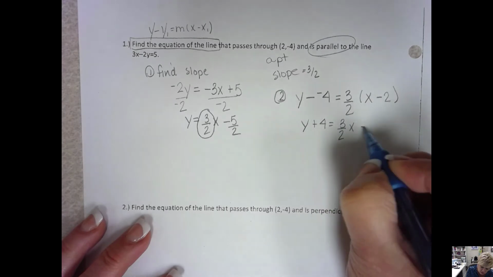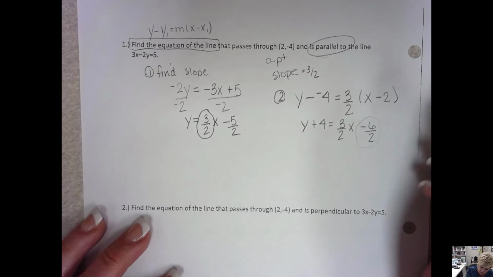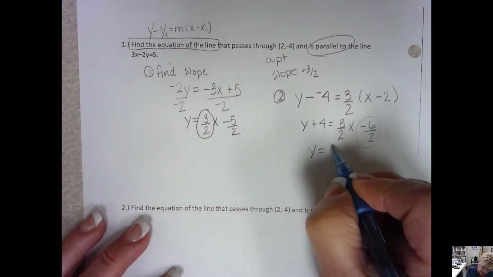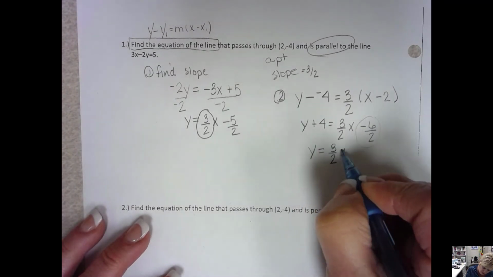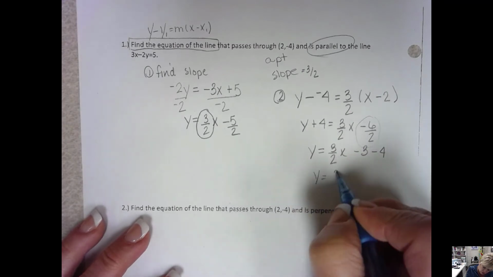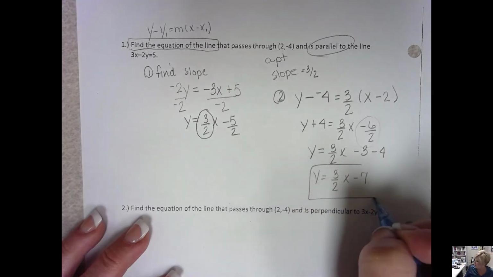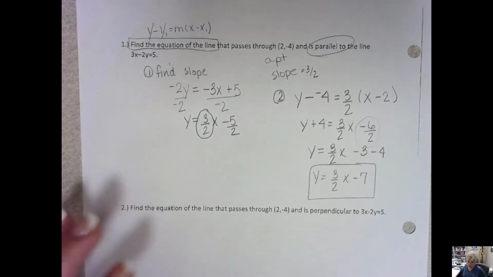Distribute. That looks good there. 6/2 will be 3. We can subtract a 4 from both sides. Y equal 3/2 x minus 7. So that's what we're looking for.